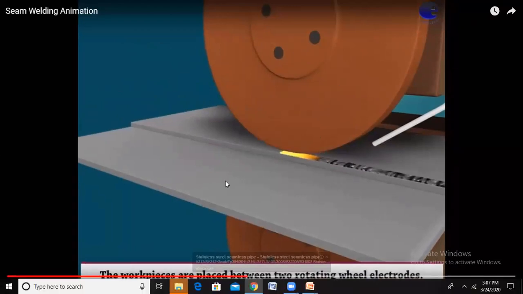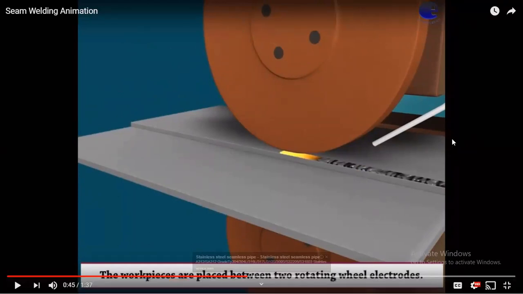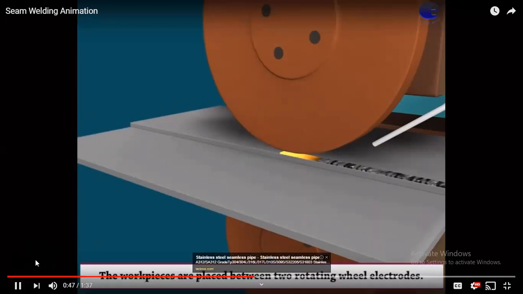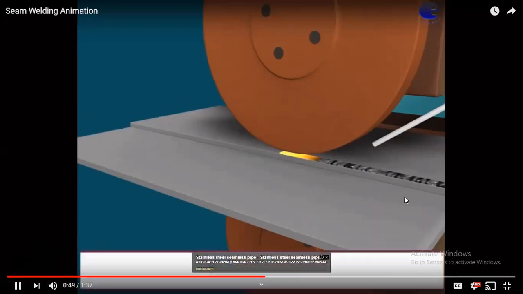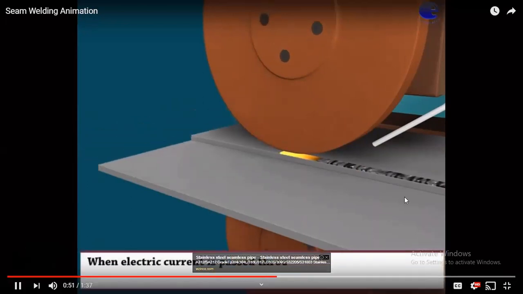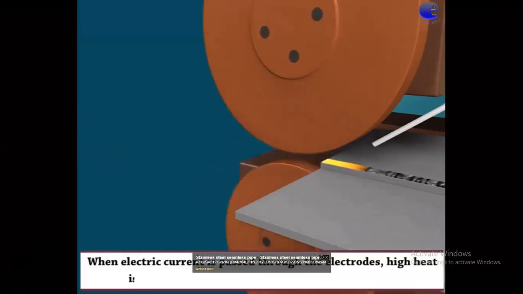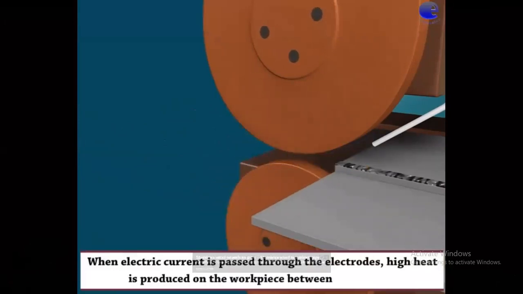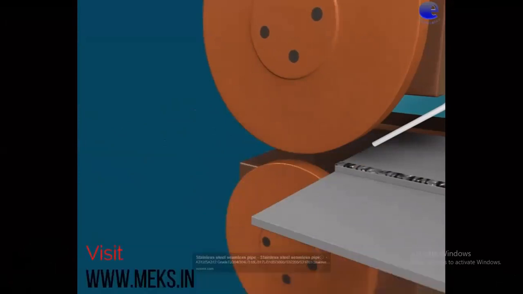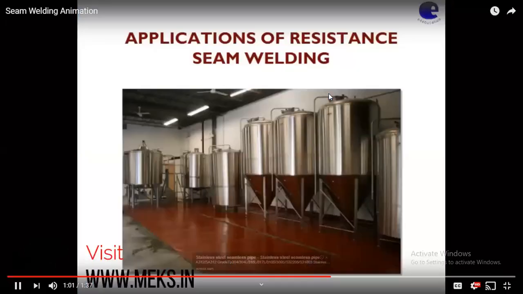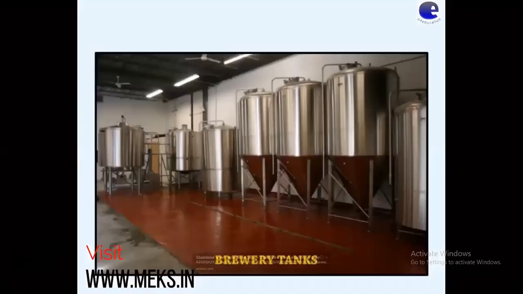See, here the welding is taking place, and the wheel is not removed repeatedly, right? When the electric current is passed, high heat is generated between the workpieces. So these are the applications of resistance seam welding.